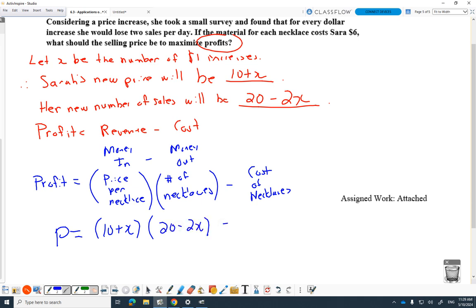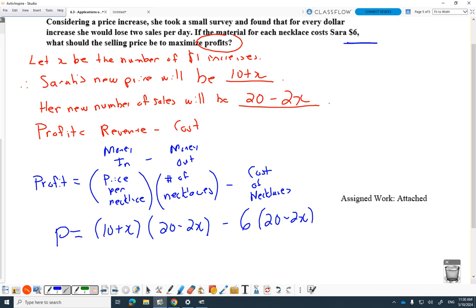Minus $6. She's got to pay for each of these necklaces. $6 times the number of necklaces, which is the 20 minus 2X again. She's got to pay $6 for each of those necklaces. So she gets 10 plus X for each of the necklaces, but she pays $6 for each of the necklaces.